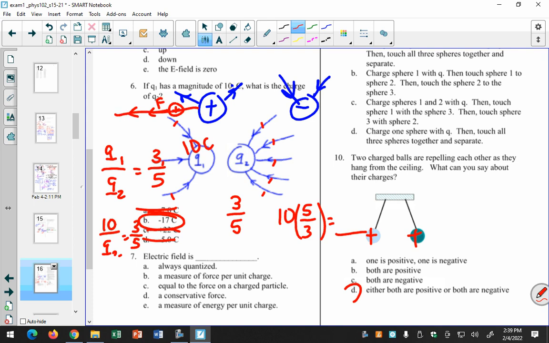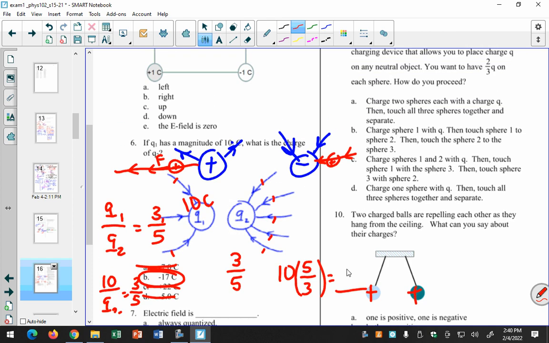So my positive test charge feels a repulsive force. Over here, my positive test charge feels an attractive force, so the electric field goes into the charge. Out of positive charges, into negative charges. But if you forget, just pull out your positive test charge, and then you can figure out the direction of that field by asking what is the direction of the force.